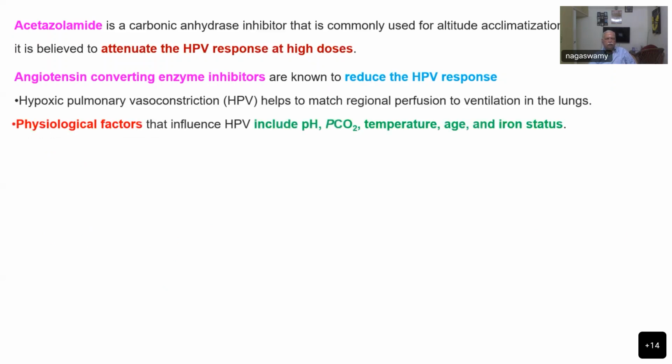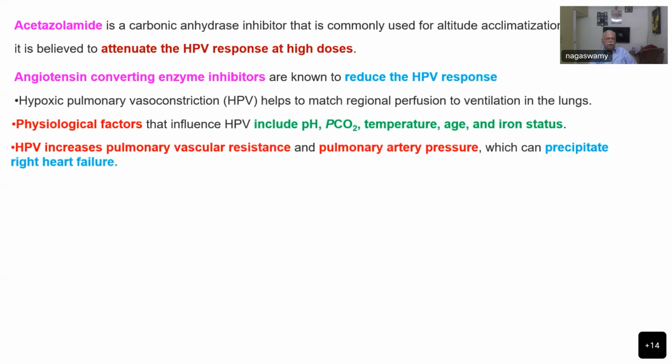Physiological factors, this is a summary of what we said earlier, influence it: pH, PCO2, temperature, age, and iron status. And HPV increases pulmonary vascular resistance and pulmonary artery pressure, which, if it is sustained and prolonged, can precipitate a right heart failure.